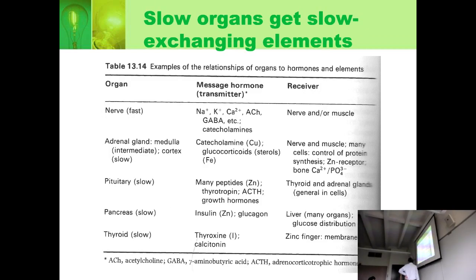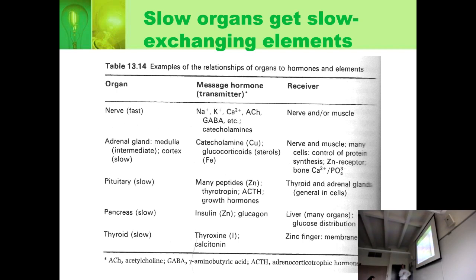So slow organs use slow elements, fast organs use fast elements. And you also do have other things. You have the neurotransmitters, of course, but as chemists, we're focusing on the elements today. And the thyroid, very slow, and here's the thyroid. It's the only place where you really see iodine.